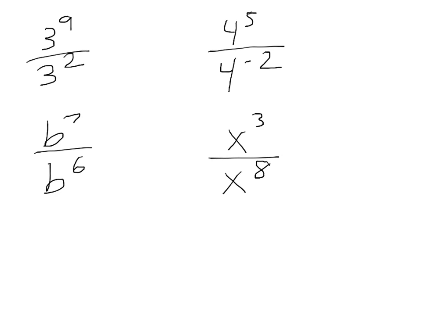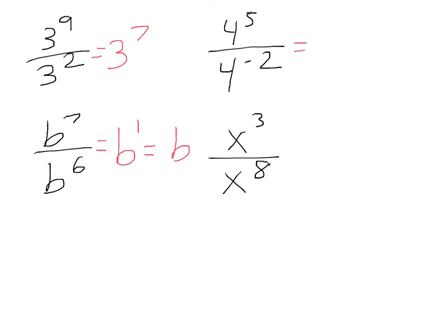Okay, let's see how you did. If you did this right, you would have gone 3 to the 9 minus 2, and you would have gotten 3 to the 7th power. Here, you would have done b to the 7 minus 6, which would be b to the first, or just b.